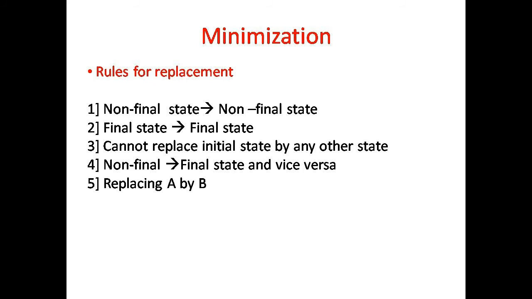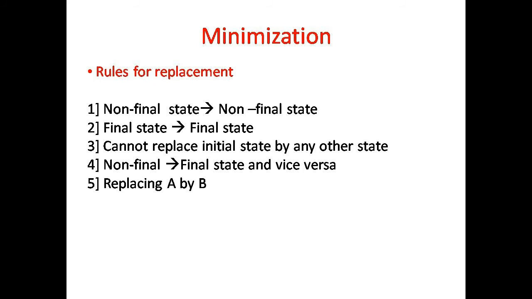There are some rules for replacement. Rule number 1: we can replace one non-final state by its equivalent non-final state only. Rule number 2: we can replace one final state by its equivalent final state only. Rule number 3: we cannot replace the initial state by any other state.